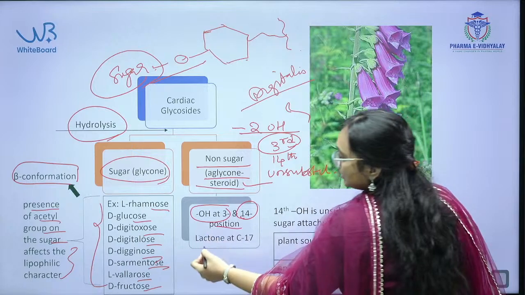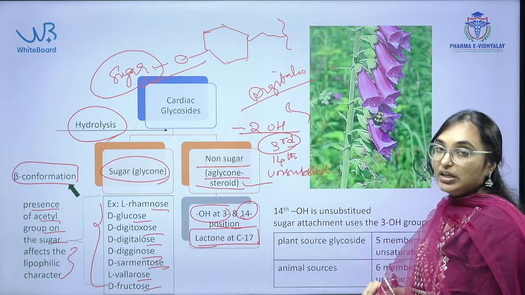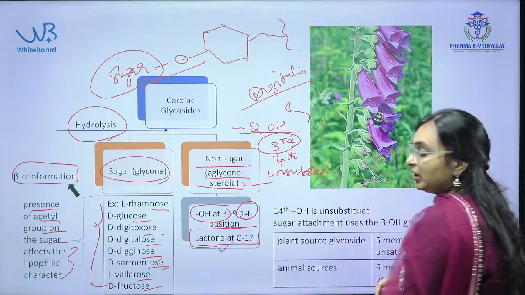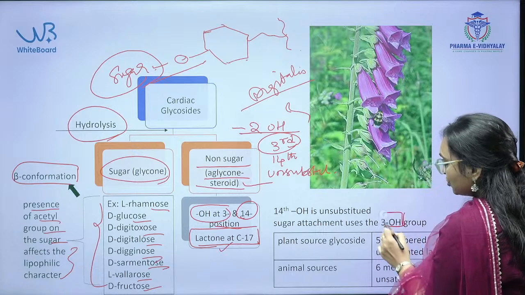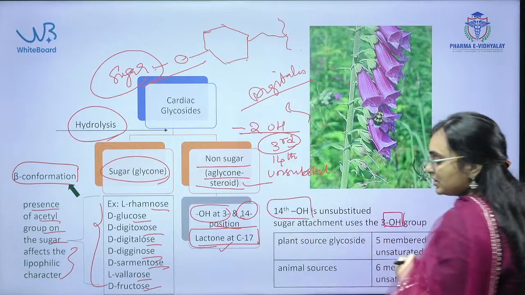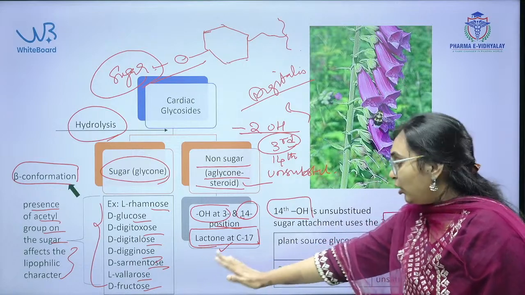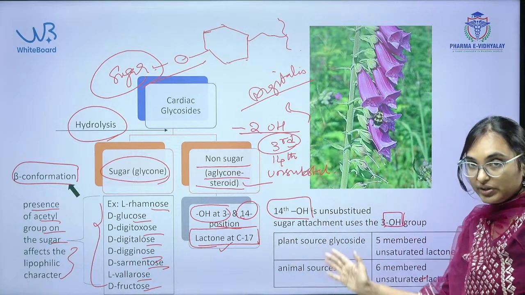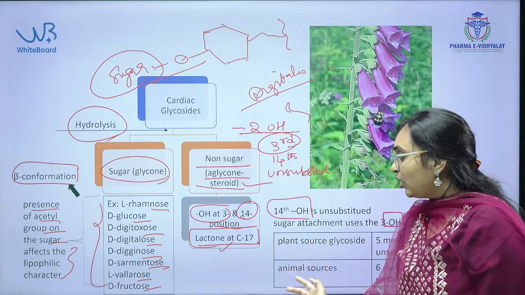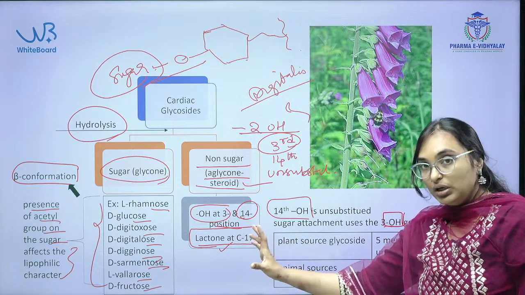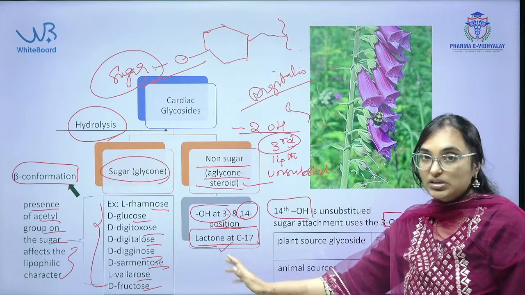Next, at the 17th position a lactone will be there. At C17 a lactone is present. Sugar attachment is at the 3rd OH group, as I said, and the 14th OH is unsubstituted. Depending upon the source of the glycoside, whether it is plant source or animal source, the lactone position is the same, but the lactone ring size changes.